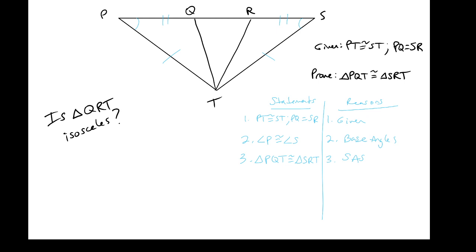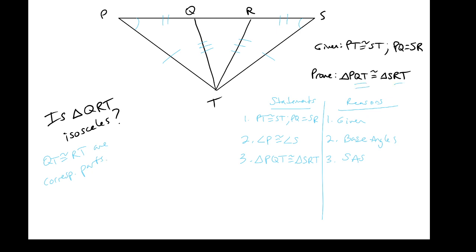We can also deduce that QT is going to be congruent to RT, right? And the reason QT and RT are congruent is because these are corresponding parts in our congruent triangles, right?